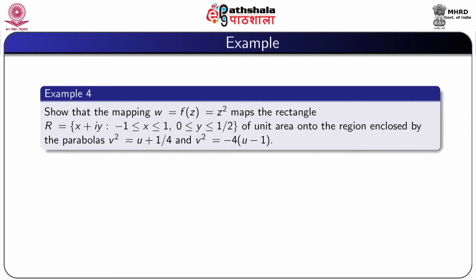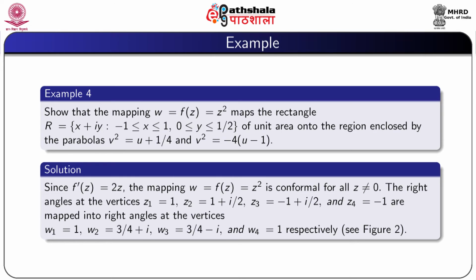Now we consider an example. The mapping w equal to f(z) equal to z square maps the rectangle R equal to x plus iy such that minus 1 less or equal to x less or equal to 1, 0 less or equal to y less or equal to half, of unit area, onto the region enclosed by the parabolas v square equal to u plus 1 by 4 and v square equal to minus 4 into u minus 1.